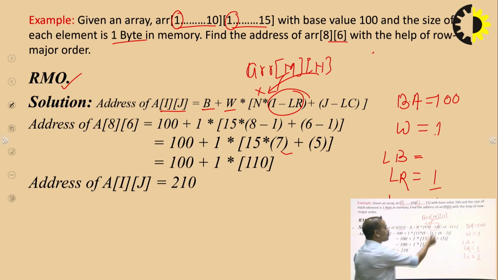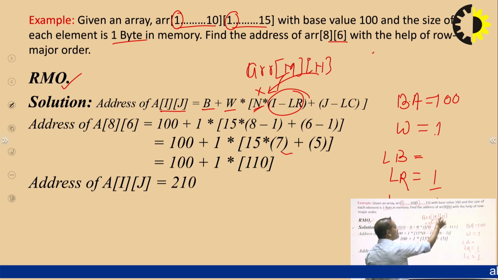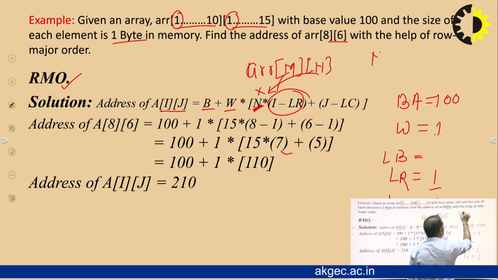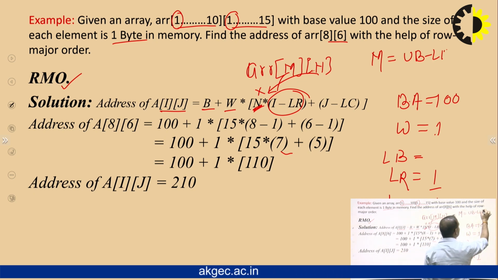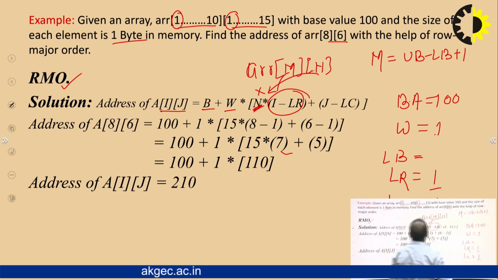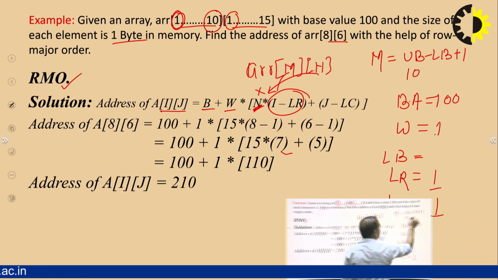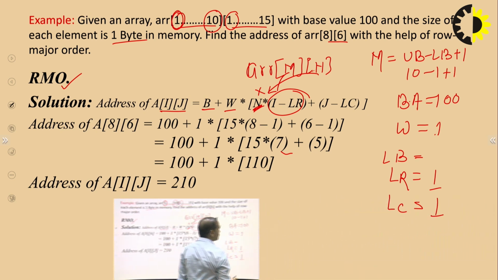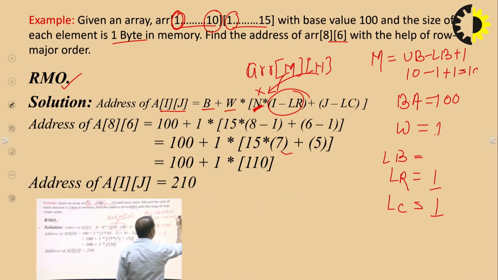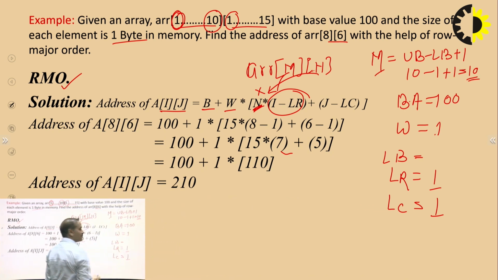So in row we have to multiply the dimension of column, that means the value of N, and M is evaluated like this: M equals upper bound minus lower bound plus 1. This is the upper bound for row, that is 10. This is the lower bound of row, that is 1, plus 1, and this gives 10. This is the value of M.